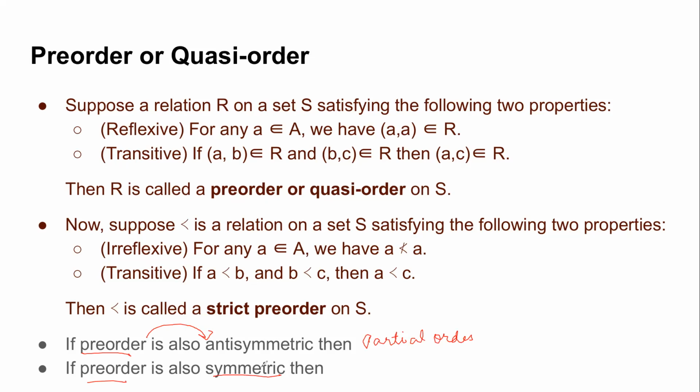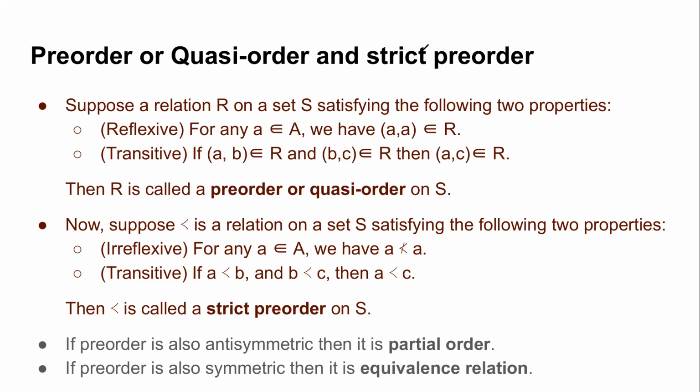Excellent, an equivalence relation. So this should give you an overall picture: first you have a pre-order, then you have two separate kinds of orders. One is the partial order, the other is the equivalence relation, depending on whether it is antisymmetric or symmetric. Now we'll see some more versions of it.